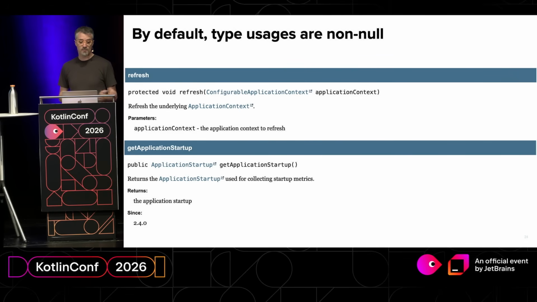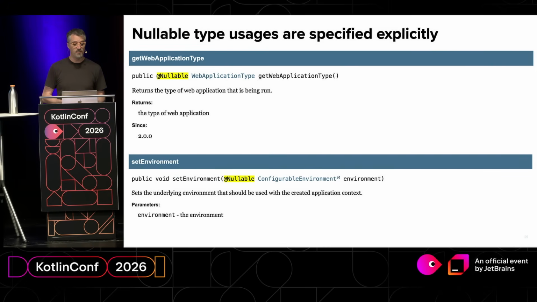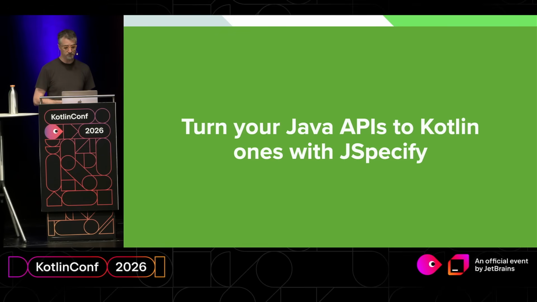When we specify nothing in the code base of those null-marked packages, that means this application context parameter or this application startup return value are non-null. And we specify explicitly nullable return values or parameters with this @Nullable, and that automatically translates to the corresponding Kotlin null-safety. So we did that on the Spring side.